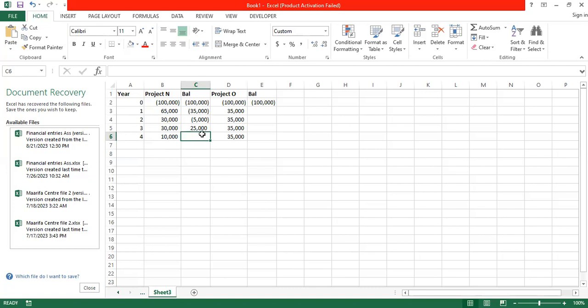So the best way in which you can analyze this is obviously at year 2 and a couple of months into year 3. That's the point, that's going to be our payback period there.